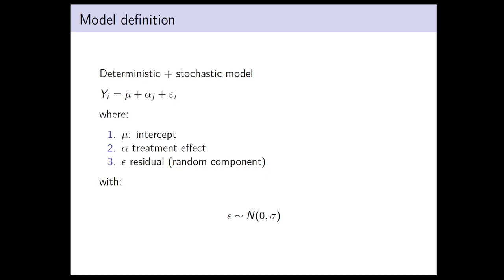We will have 4 alpha values because we have 4 treatments, and we will have 16 different epsilon values. That's a stochastic component that is different for every individual because it is totally random.